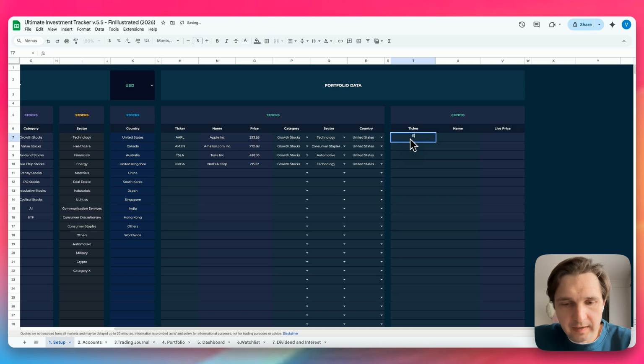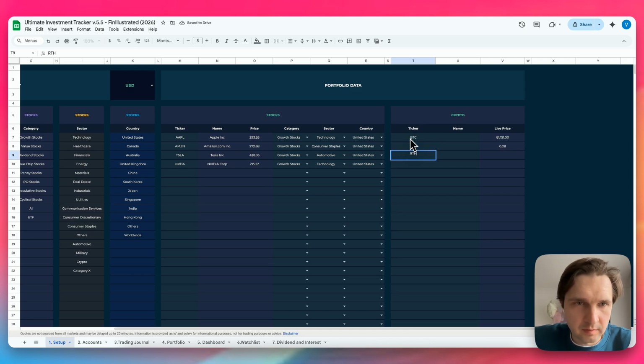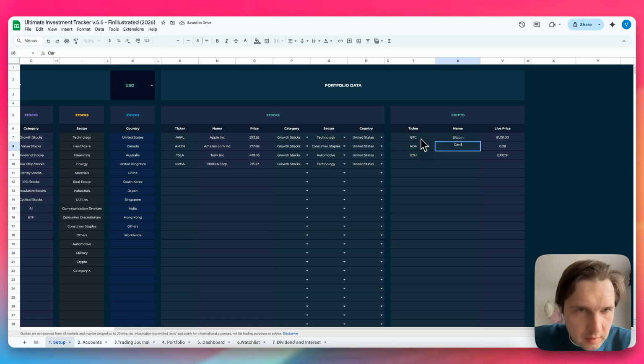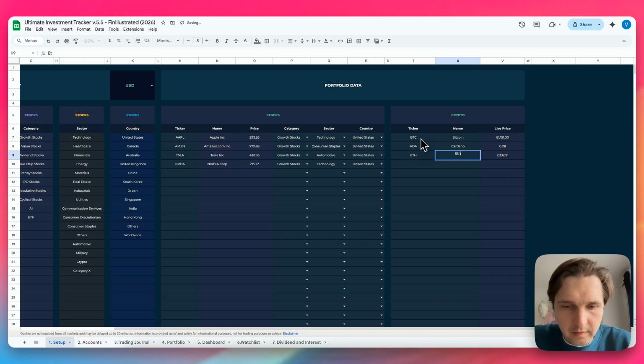All I need, for example, if I have BTC, maybe Cardano, Ethereum, ETH, okay, just like that. Perfect. So once again, it's based on tickers, and then I will type Bitcoin, Cardano, and Ethereum. These are live prices.